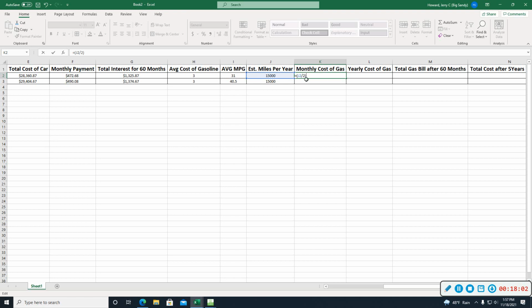So that gets you your monthly miles, and then the only thing you'd have to do at that point would be to divide how many miles that you're getting, divide it by your average miles per gallon, and then you'll times it by the cost of the gasoline. So monthly cost of gasoline, let's just make sure that that looks correct.